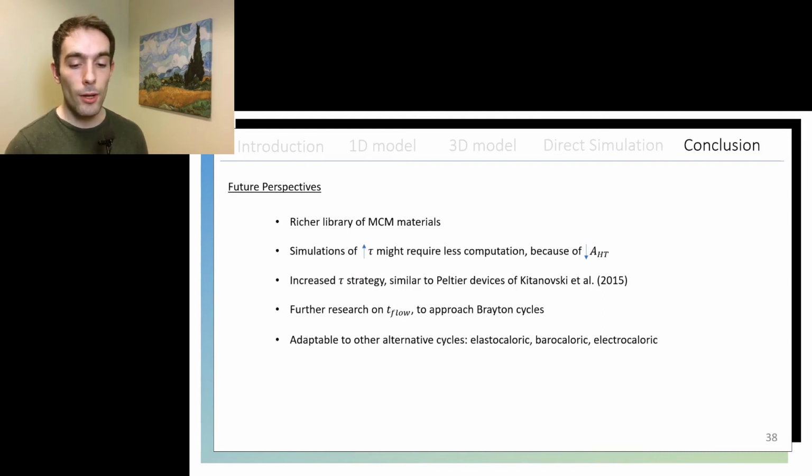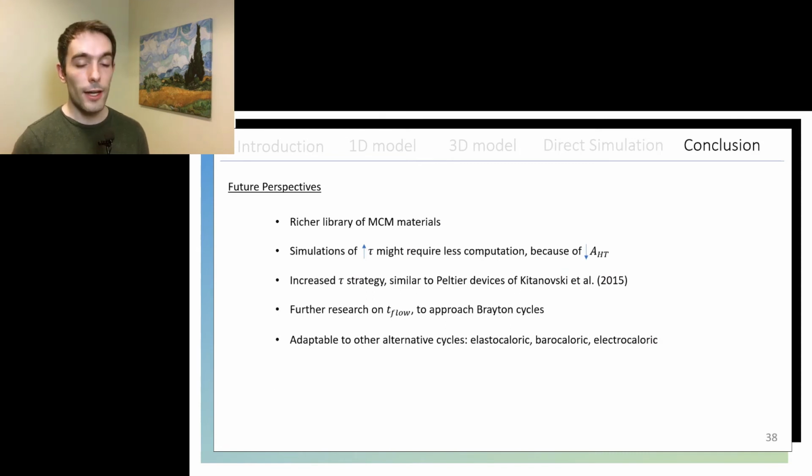The proposition I made in the last slide of increasing the tortuosity of the fluid surges is similar to the proposition made by Kitanovski et al. in their book of introducing Peltier devices to control the heat transfer between the solid and fluid phases. In this case, we would be using the Nusselt number to control the heat transfer of the regenerator between the surges and the demagnetization processes.